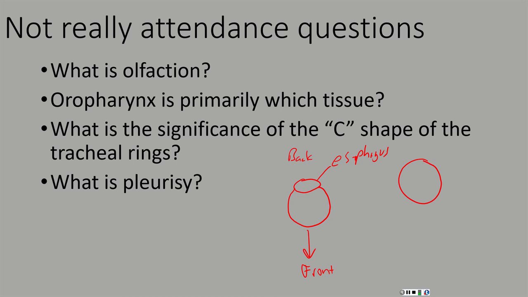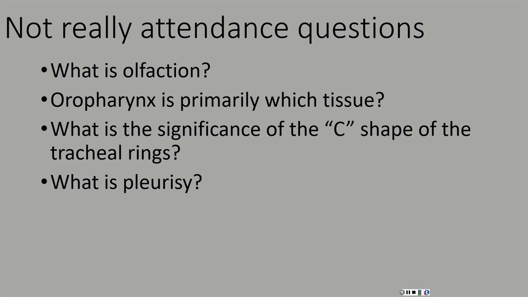And every time that we swallow a bolus of food, the esophagus actually has to expand to allow that bolus of food to pass through. And if we had a complete ring of cartilage, the esophagus would be unable to expand. So by having a little bit of open space in the back, it actually allows the esophagus to expand into the trachea a little bit without resistance.